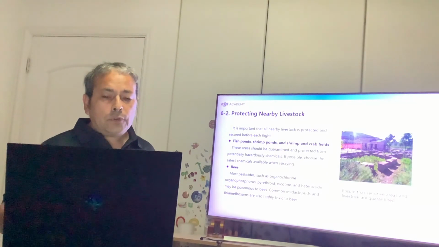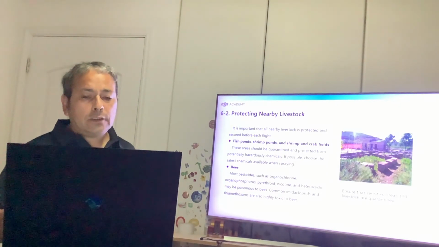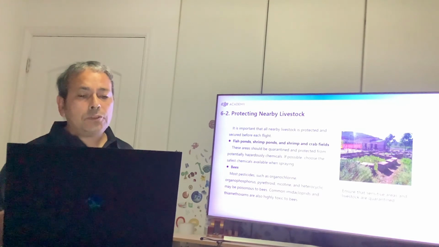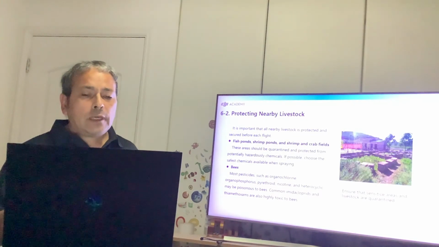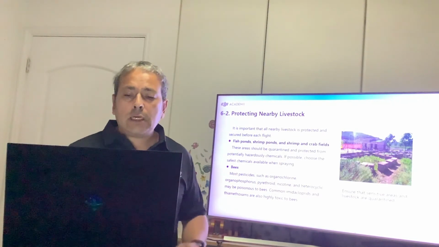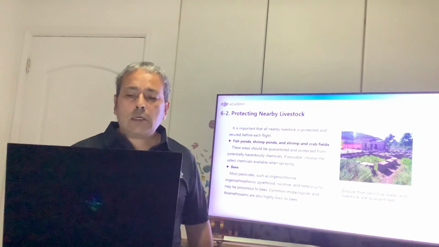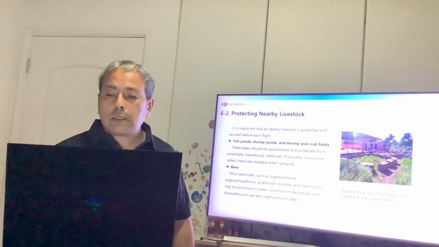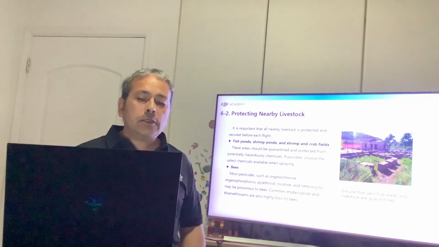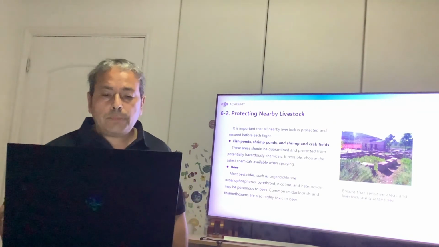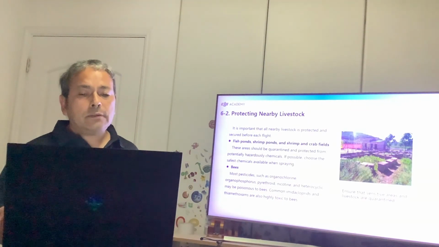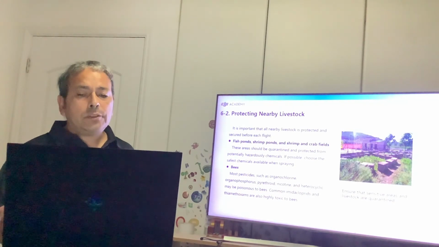Also, we need to protect nearby livestock, and we should observe nearby animals, like if there is any fish pond, shrimp pond, and carp fields, and also if there are any bees. We should avoid spraying the pesticide on nearby bees.